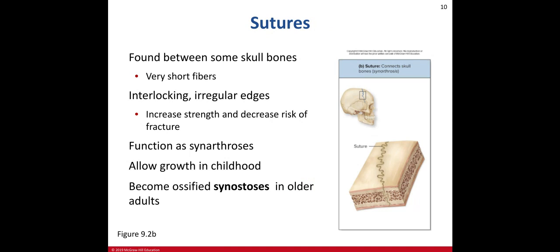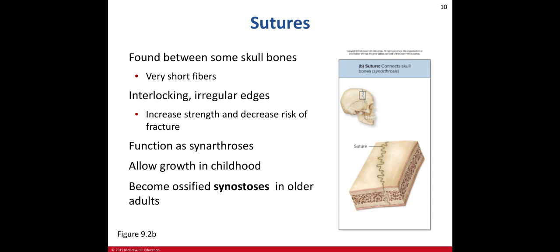You can have something like a suture between skull bones. Very short fibers hold them together, and they have interlocking irregular edges, almost like little puzzle pieces that stick together. This increases the strength of that joint, or suture, and decreases the risk of fracture.